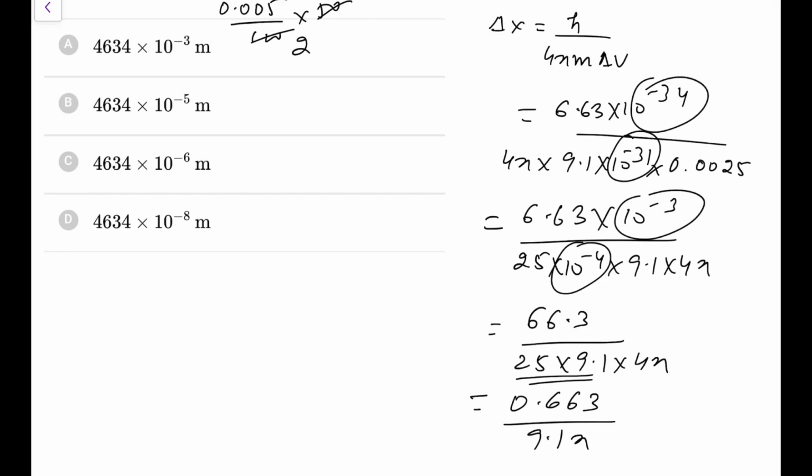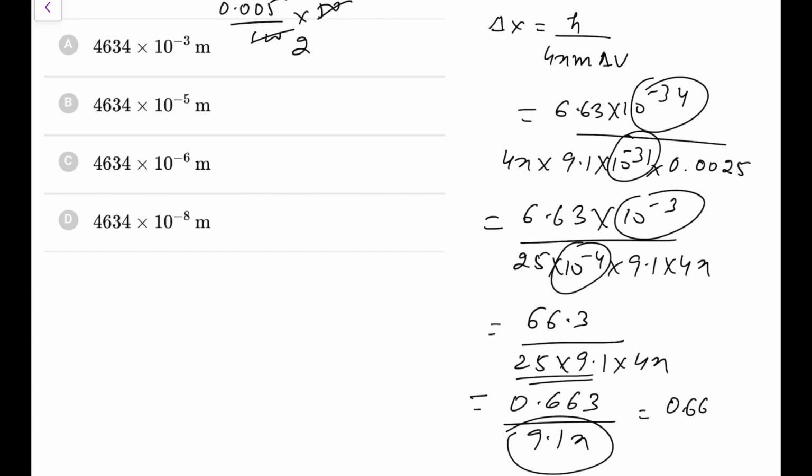So 0.663 upon 9.1 pi, this would be, let's say, approximately 30. Whatever be the order, I'm just looking at the order, so if I do this, this would be 0.002, so the order is coming out as something of point something, so the order will only be of 10 to the power minus 5, I can make minus 1 out of it.